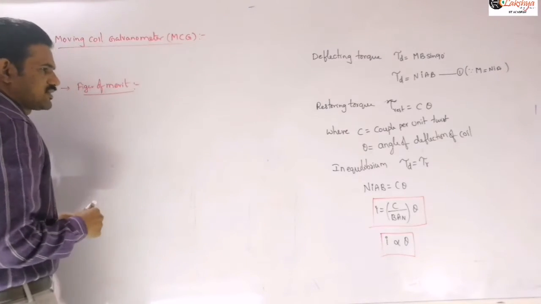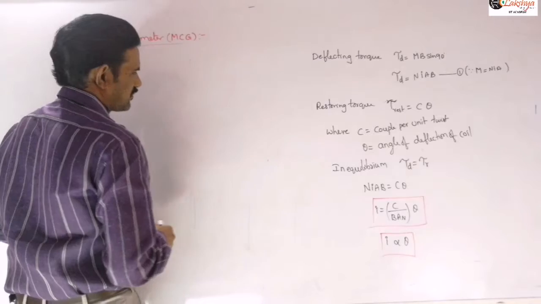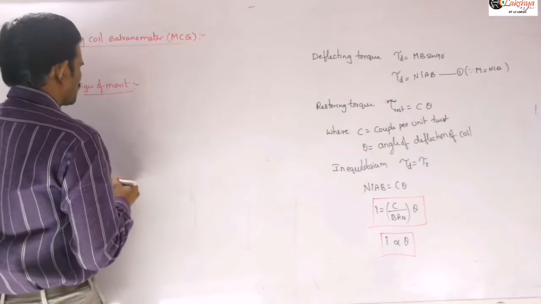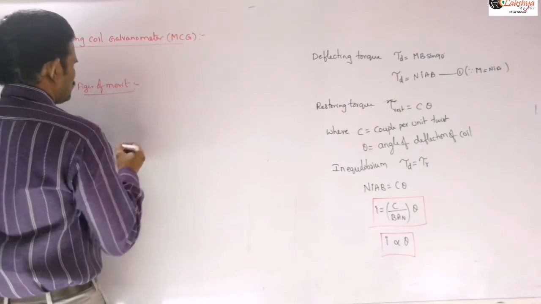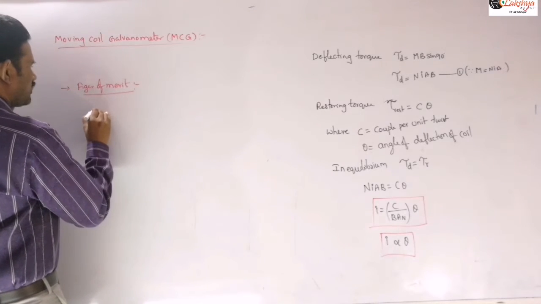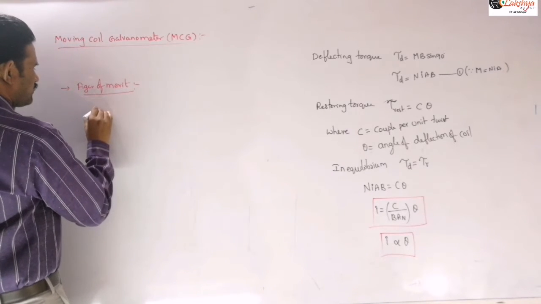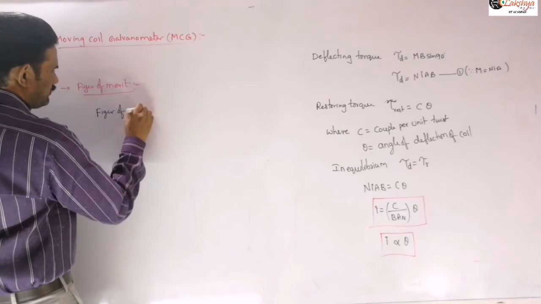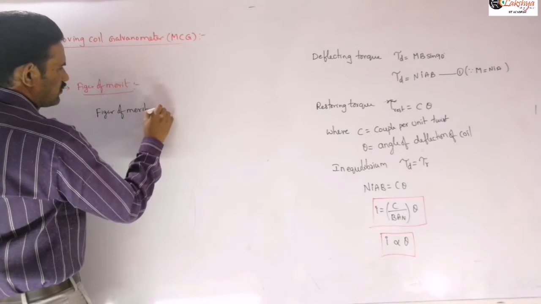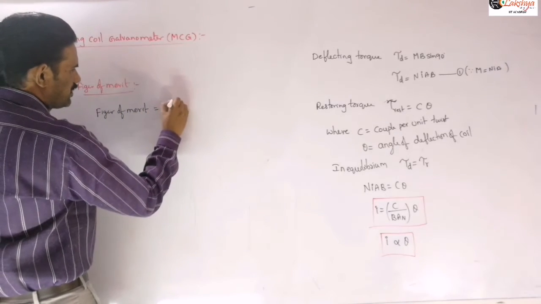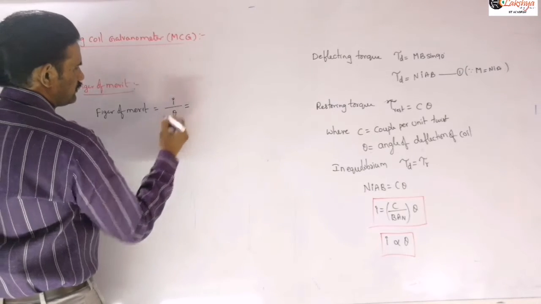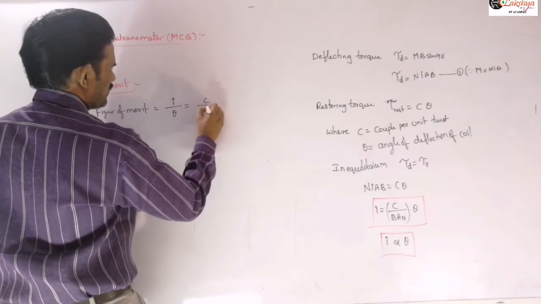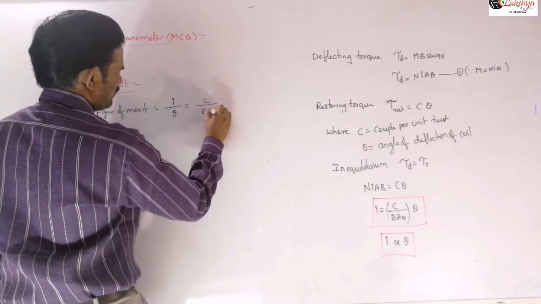Figure of merit is defined as current per unit deflection. That means the figure of merit is equal to I by θ, which is nothing but C by BAN.